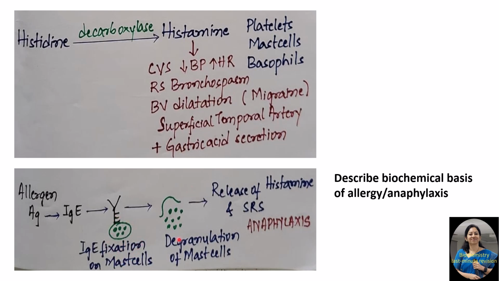Subsequently it causes degranulation of the mast cells, and these mast cells contain histamine and also slow reacting substances of anaphylaxis. So all these will result in hypotension, tachycardia, bronchospasm and blood vessel dilatation, and this is how allergy or anaphylaxis manifests.